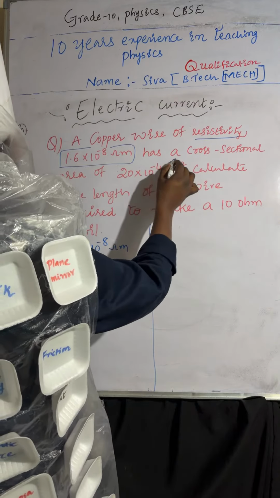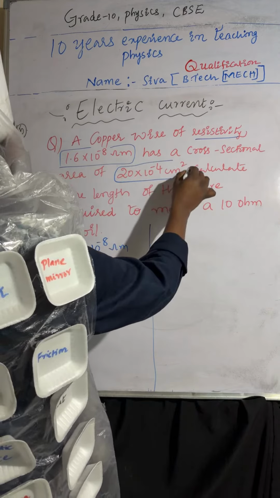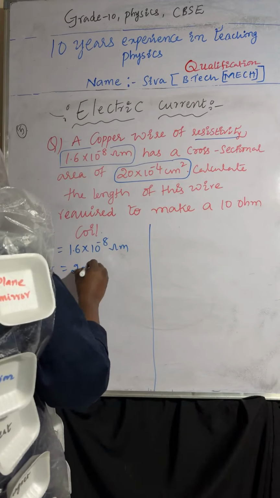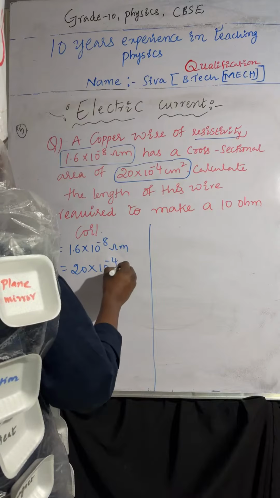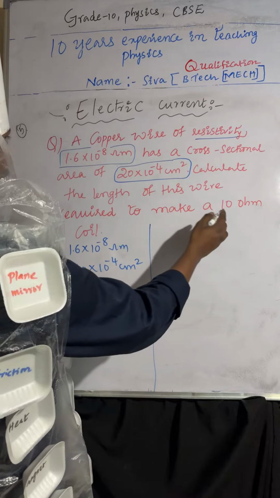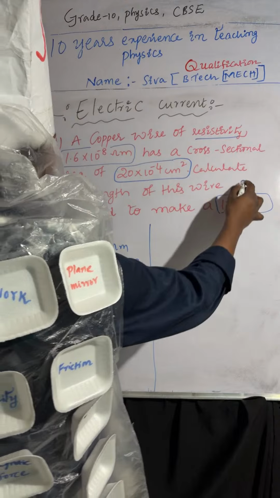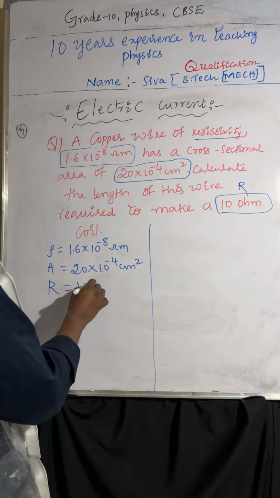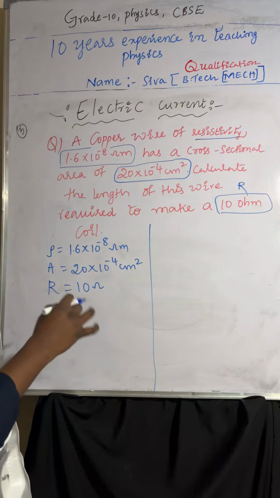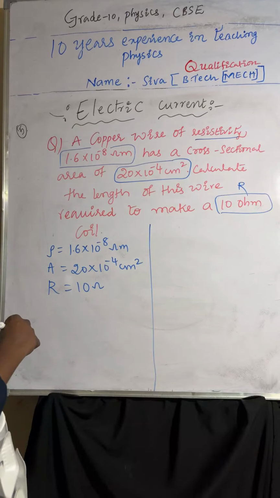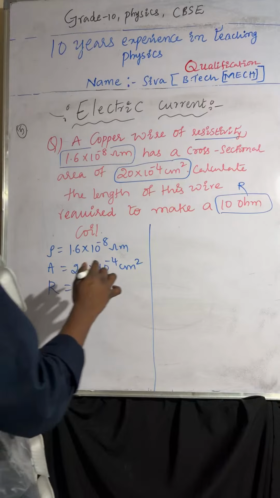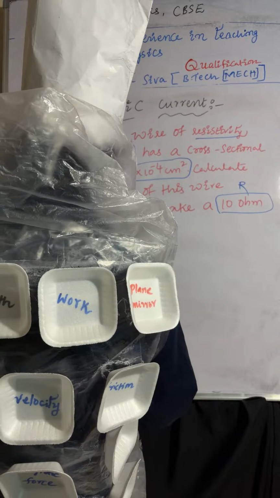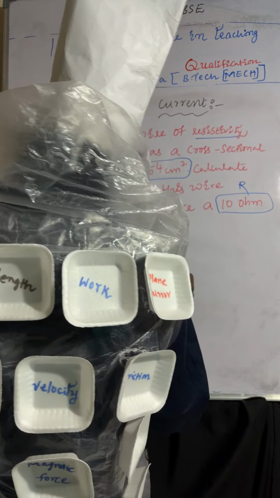And the cross sectional area is given, that is A. So A equal to 20 into 10 power minus 4 centimeter square, and resistance is given, R equal to 10 ohm. Understood or not? But here you have to understand one thing, that they have given centimeters.